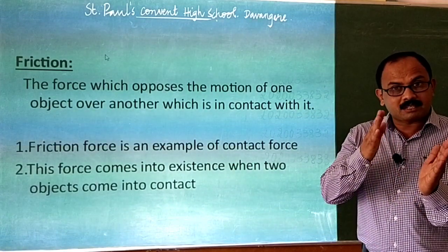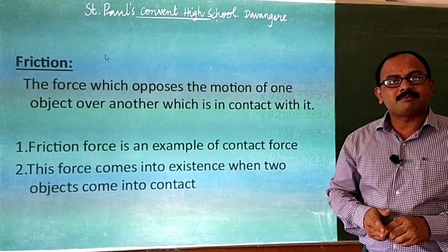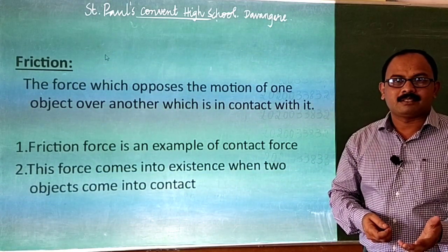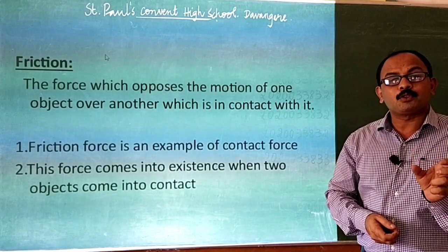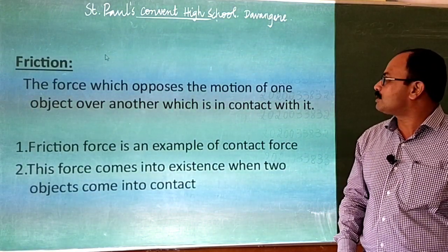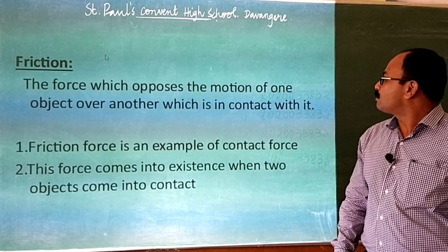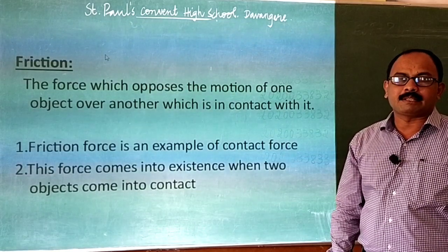When two objects come into contact, this force comes into existence. So, in simple words, we can say it is an opposing force: the force which opposes the motion of one object over another which is in contact with it.